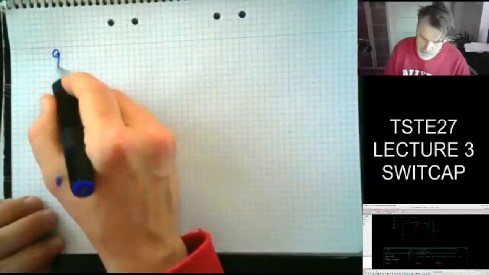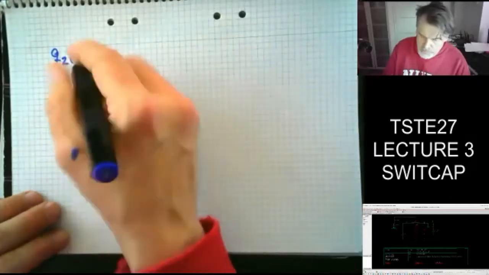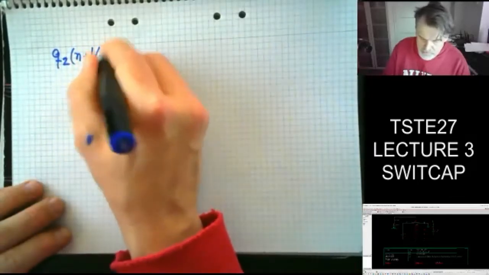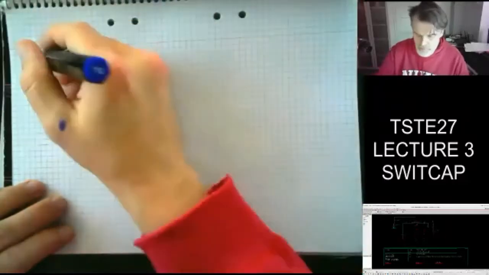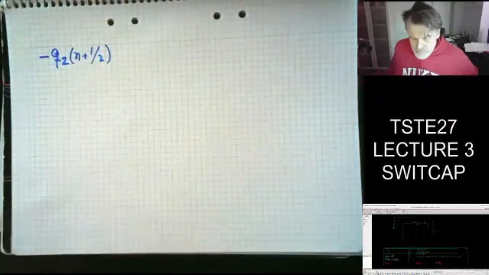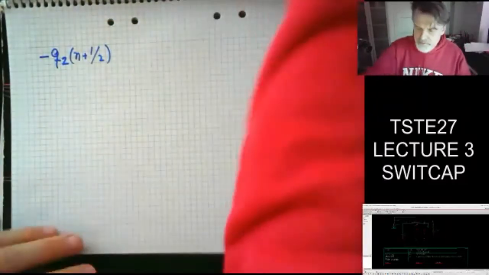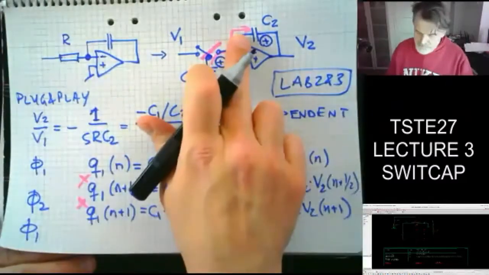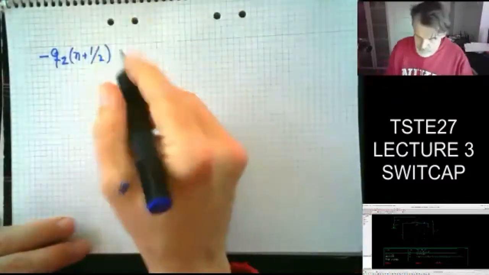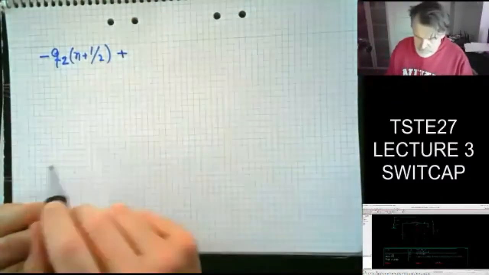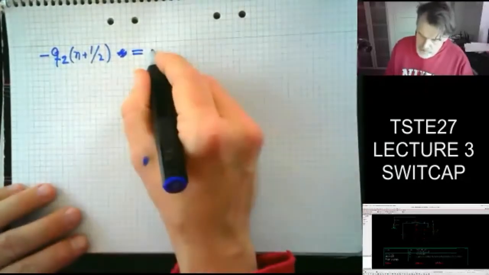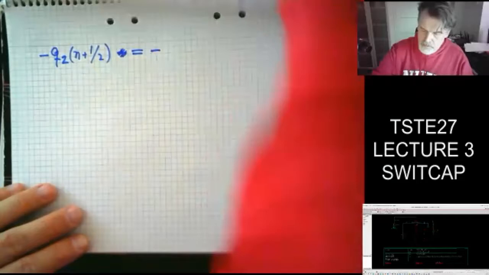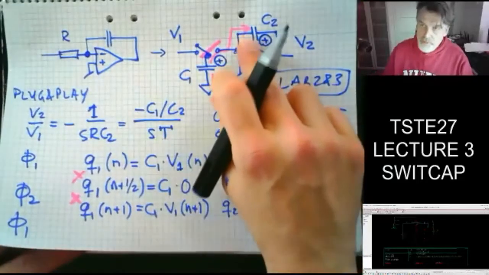So I can say that minus Q2 of N plus a half, because I have the negative side of the charge here, is equal to minus the charge that used to be there before.